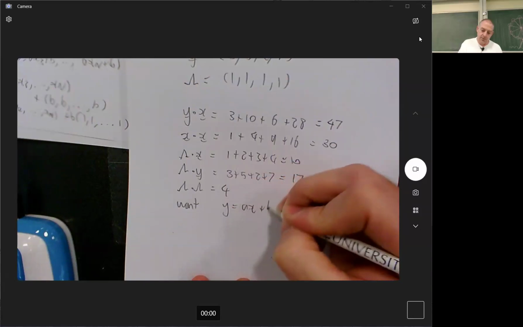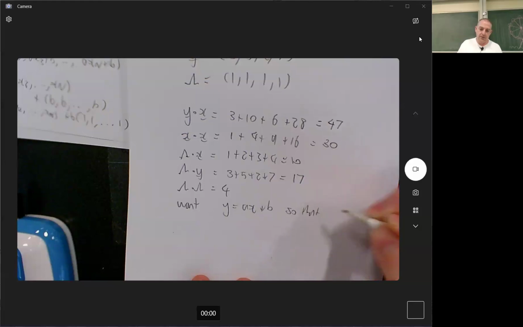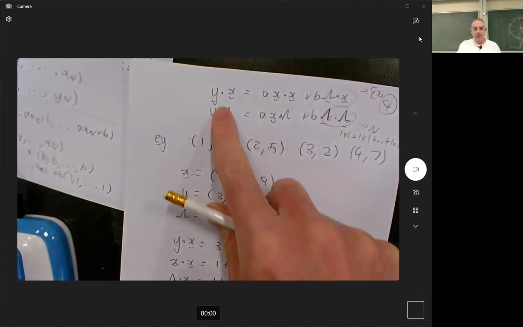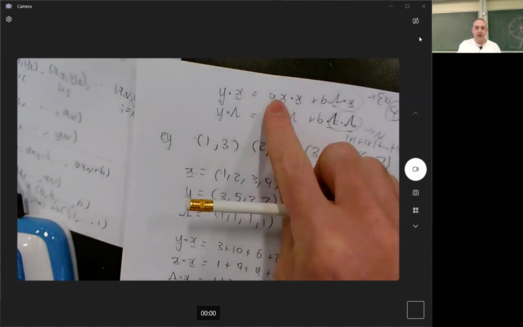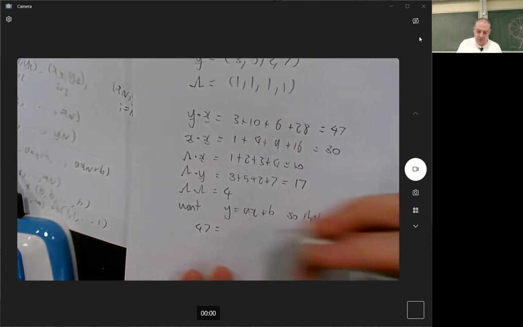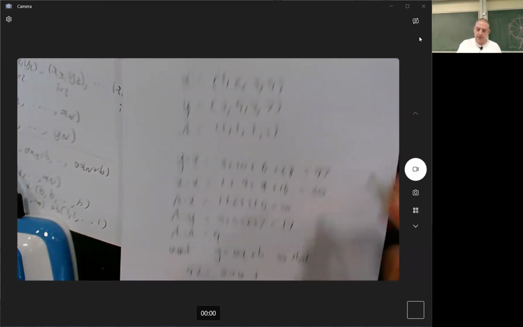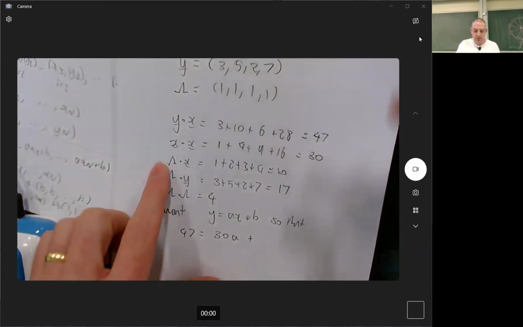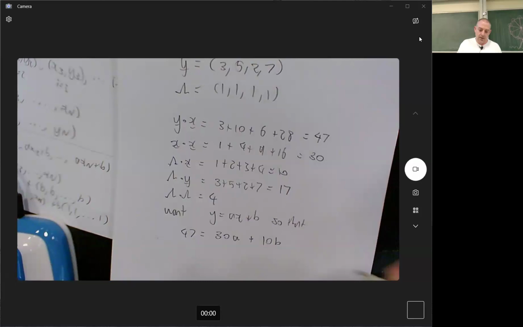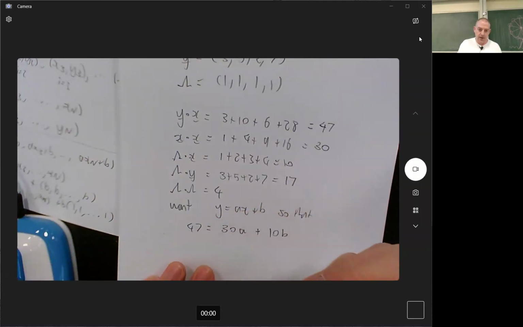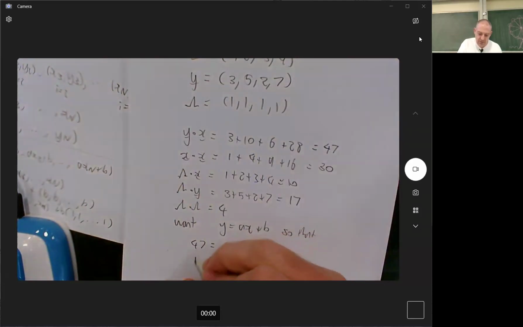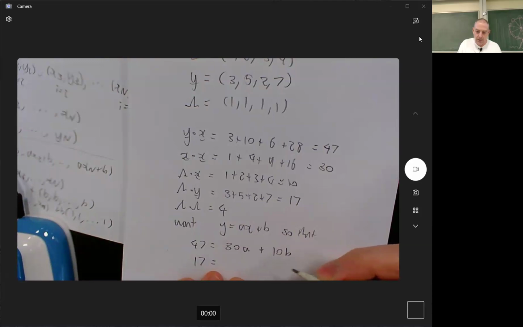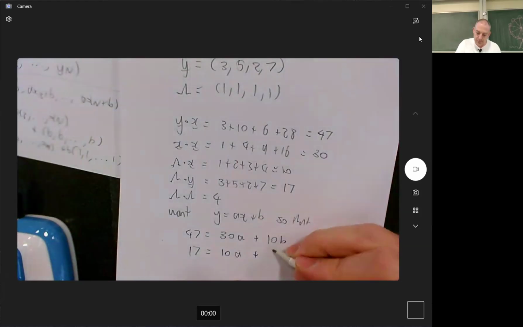And so I want y equals ax plus b, so that, all right, here we go. We've got y dot x, which is 47, and a times x dot x, which is 30a, and b times lambda dot x, which is 10b. And I also want y dot lambda, which is 17, and x dot lambda again, so that's 10a, and lambda dot lambda, which is 4.